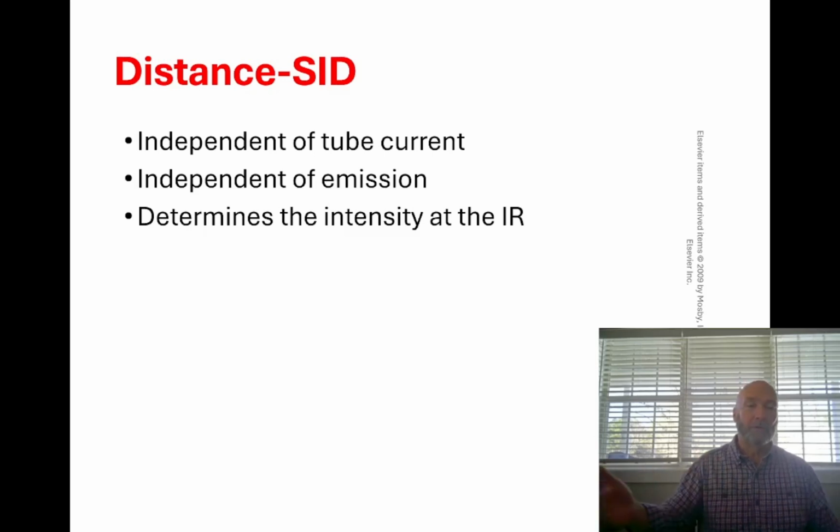So you increase your SID, you make an exposure, you get a specific mAs, and it exposes the image receptor. If you increase your SID, you still get the same mAs, but the effect at the image receptor is going to be different. So it's independent of tube current, independent of tube emission, the emission from the X-ray tube, but it does determine the intensity at the image receptor, and we'll take a look at that here in just a second.